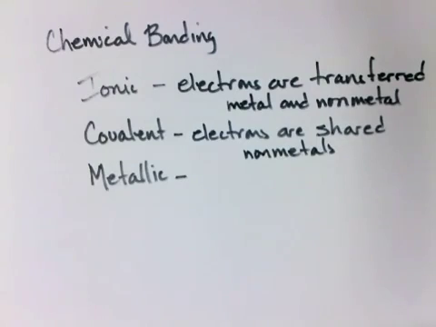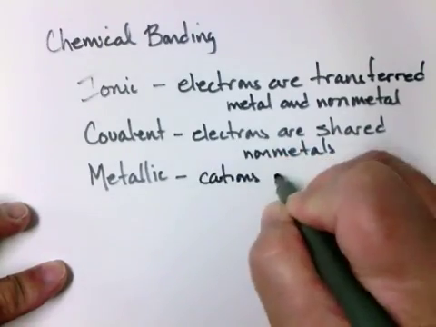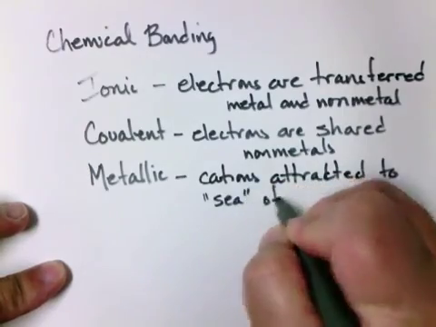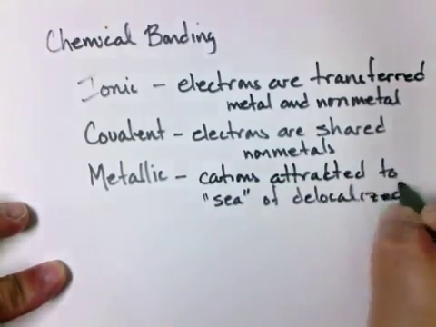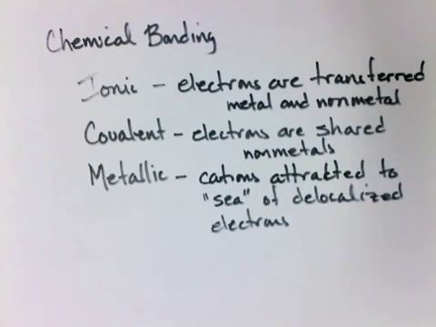In metallic bonding, what you have is a group of metal cations surrounded and mutually attracted to a sea of delocalized electrons. Those delocalized electrons come from the valence electrons, and they're shared among all the different cations.